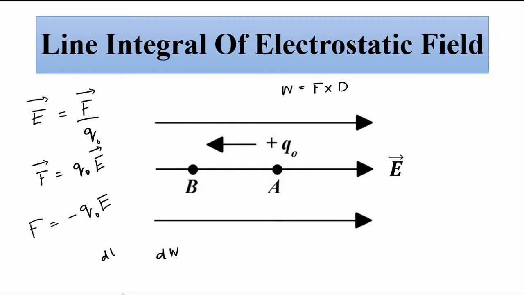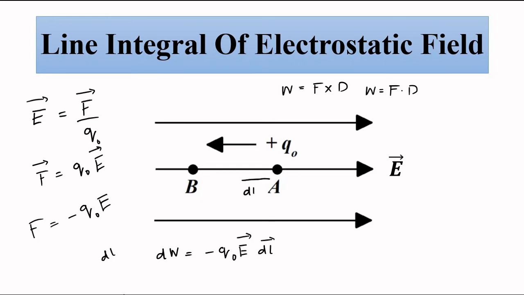This is not a cross product, this is simple multiplication, force into displacement. Don't confuse it with the cross product. So dW will simply be minus Q0 E, which is the force, multiplied with the displacement. If you want to express it in terms of vectors, it will be like this, but we can also express it simply. This is for a small displacement dl.